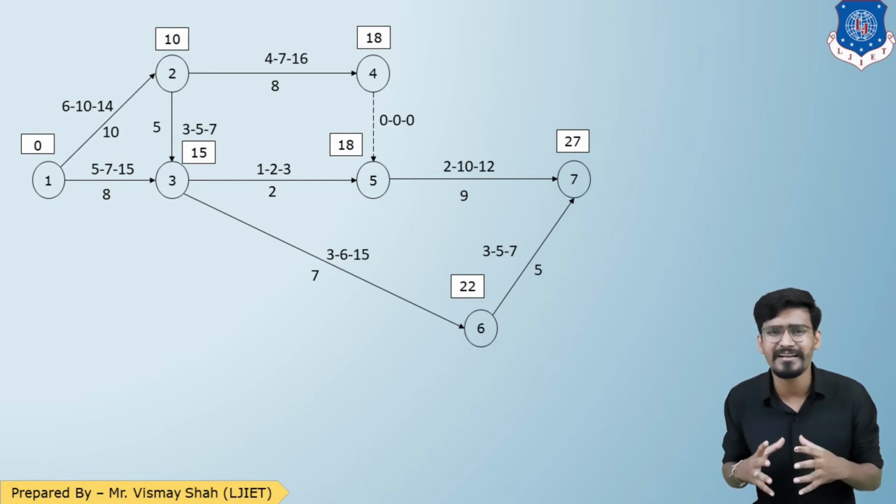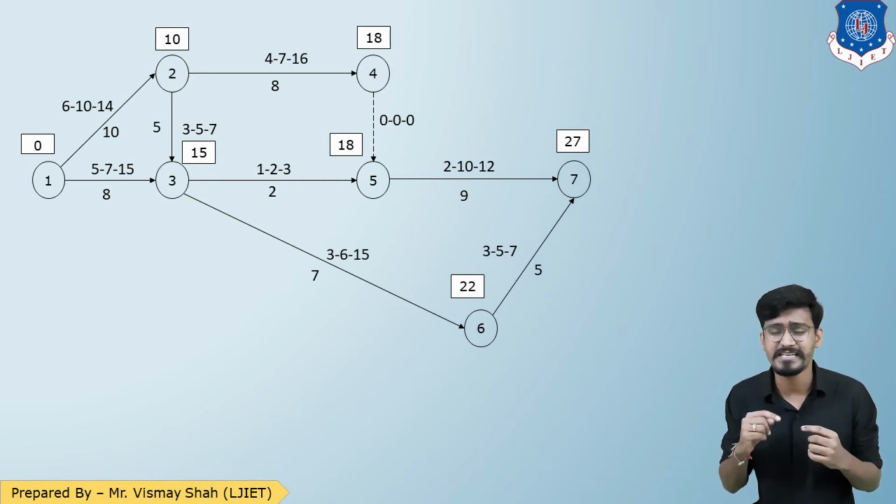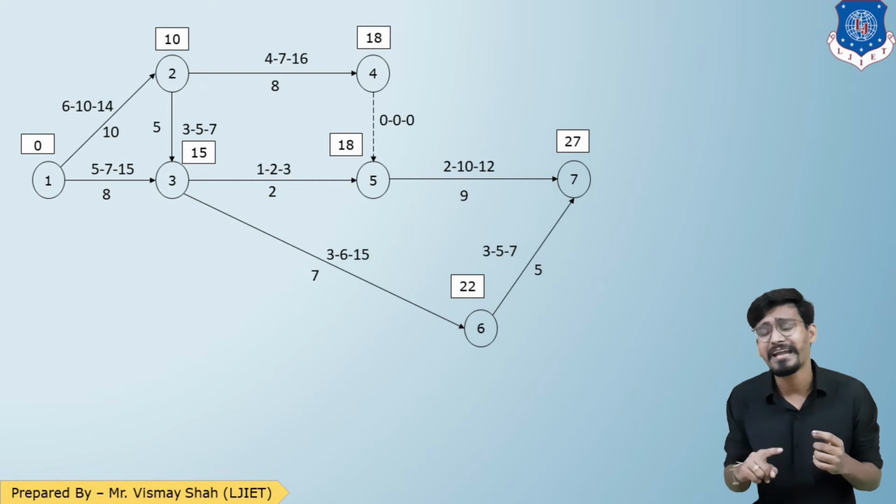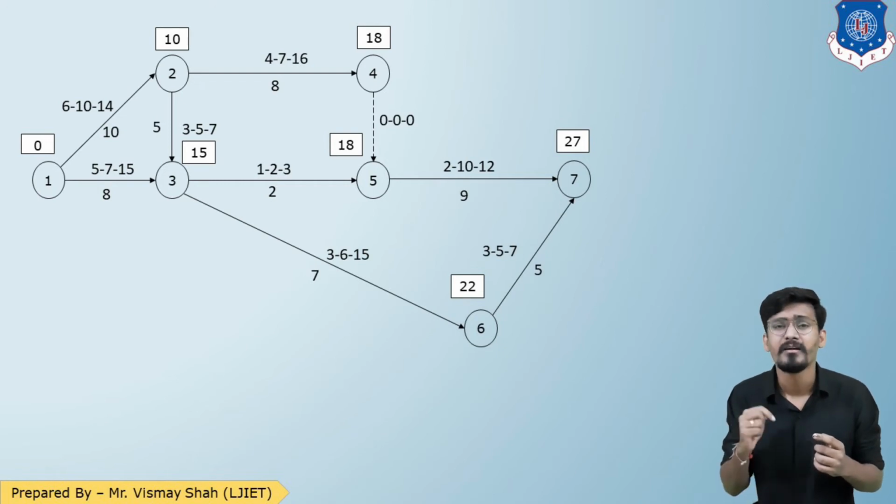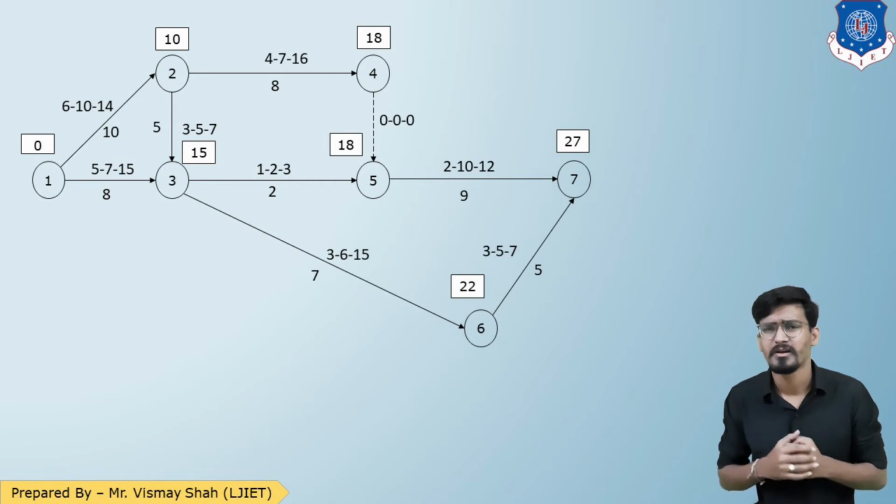And the last event is event number 7. From 5 to 7, 18 plus 9, 27. From 6 to 7, 22 plus 5, 27. So both are the same, so 27.